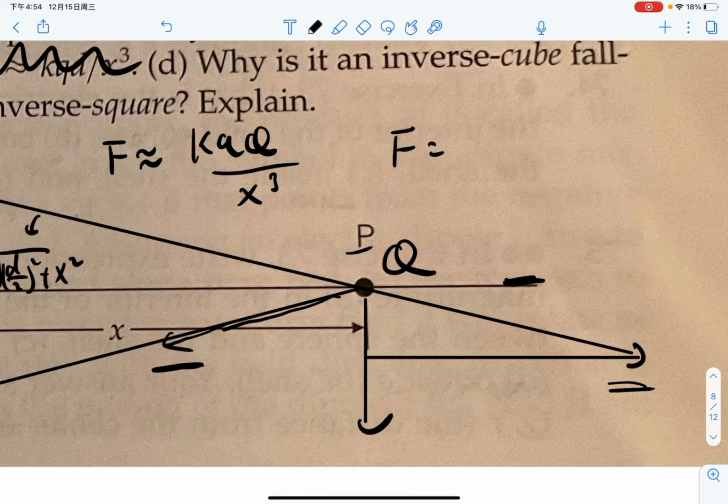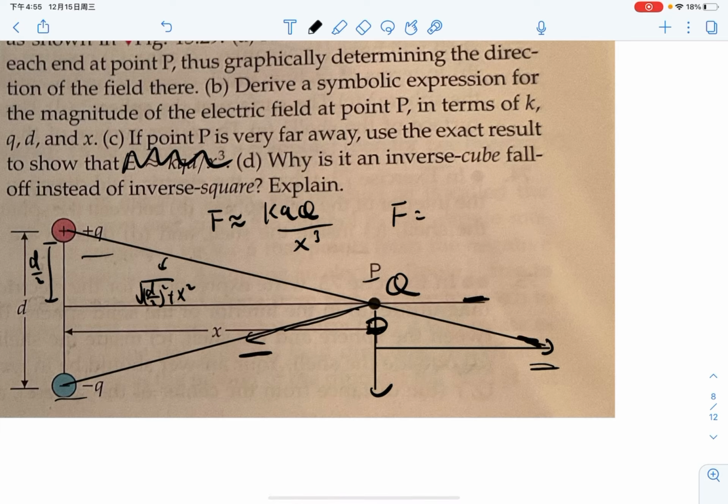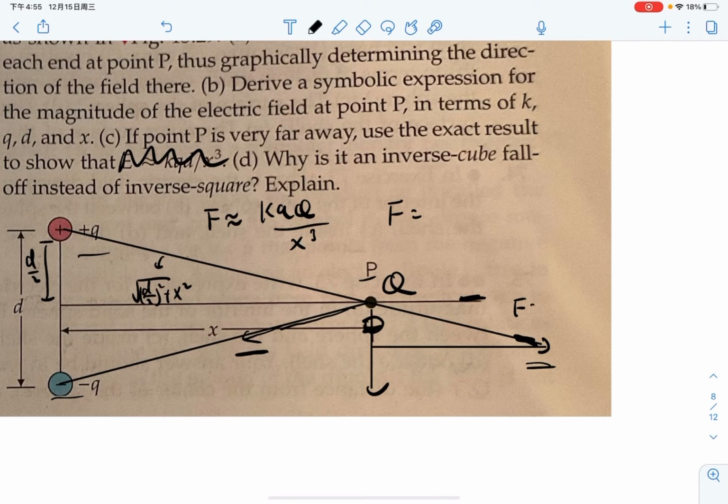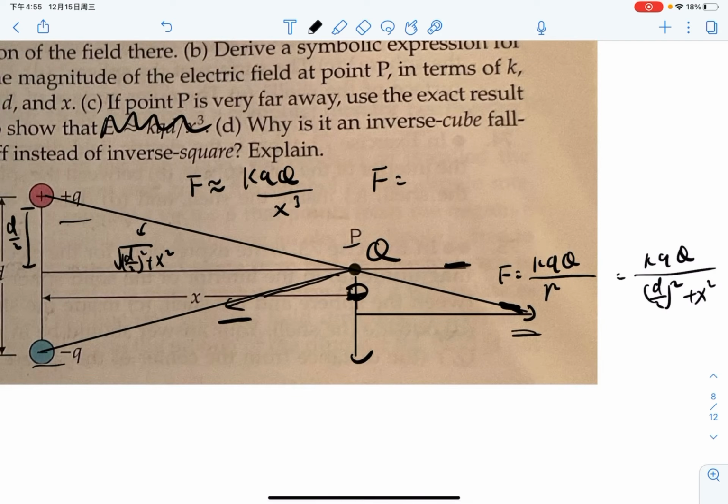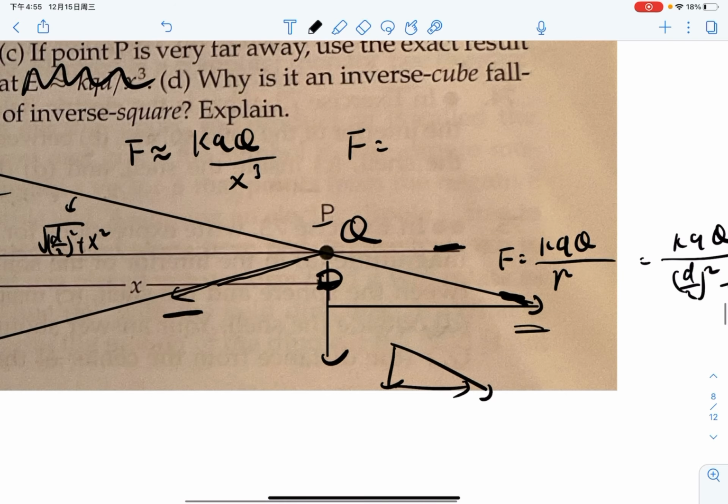For this force, the magnitude is equal to k small q big Q divided by r squared, which is equal to k small q big Q times this. And we want to separate the force into the direction perpendicular to the line and the direction parallel to the line.